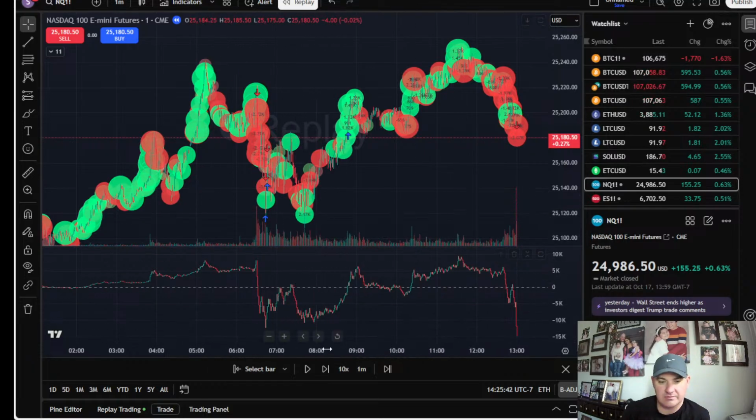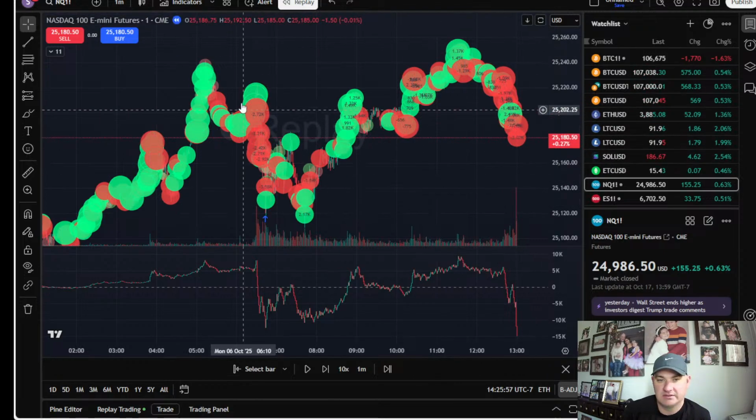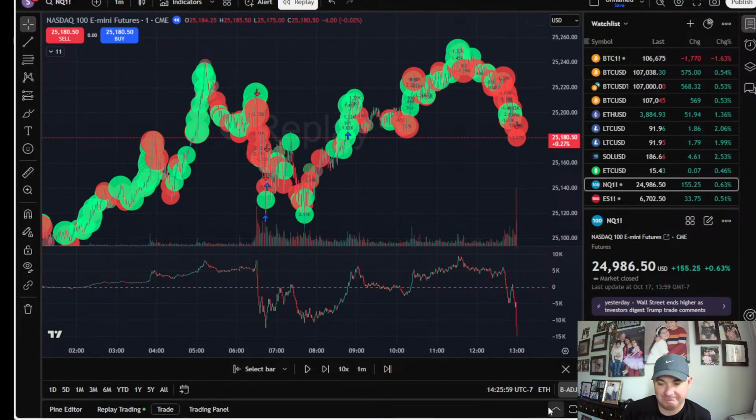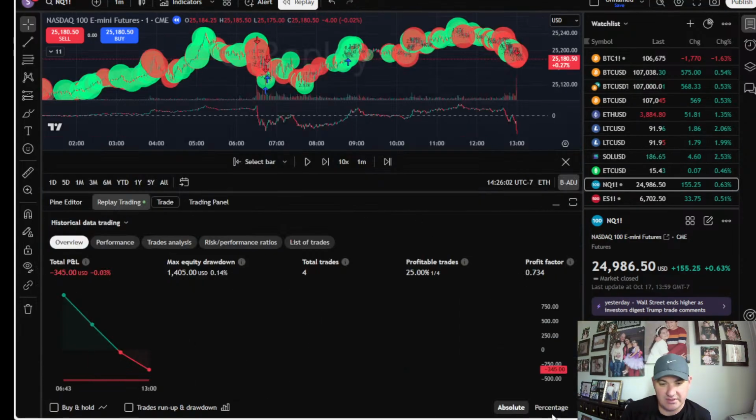Got the lower low in price but the higher low on the cumulative delta on the 1 minute. I mean, that's nice. I might try this again with a 5-minute chart or something to see if it can read higher time frames better. It might be able to, but 1 minute, 3 minute, you can see it's got a really low win rate.